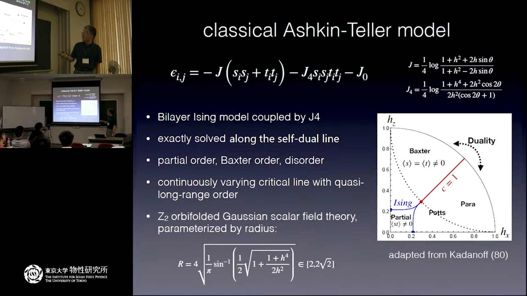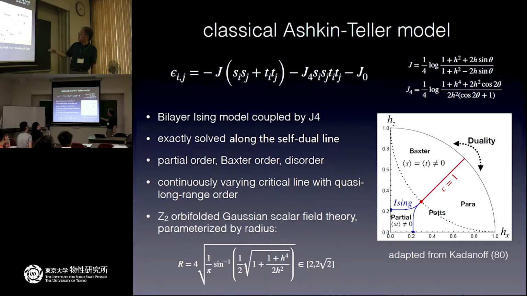This r is, you see, a function of h, because on this line theta is fixed to pi over 4. So it's just a function of h. Exactly at this 4-state Potts point, r equals square root 2. And at this point, oh sorry, I should mention this.